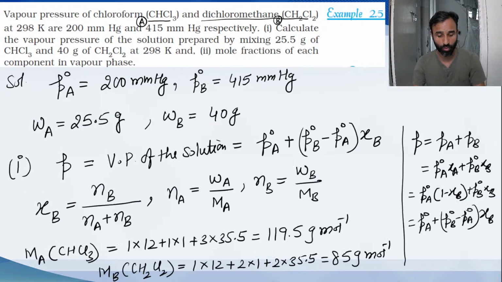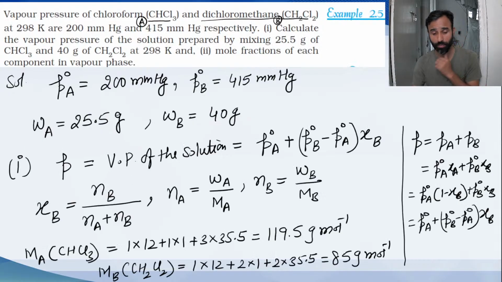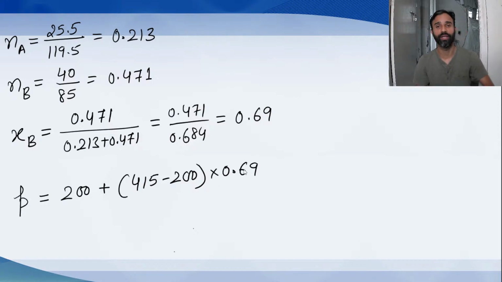So P equal to P naught A. P naught A is 200, plus P naught B minus P naught A, that is 415 minus 200, into 0.69.